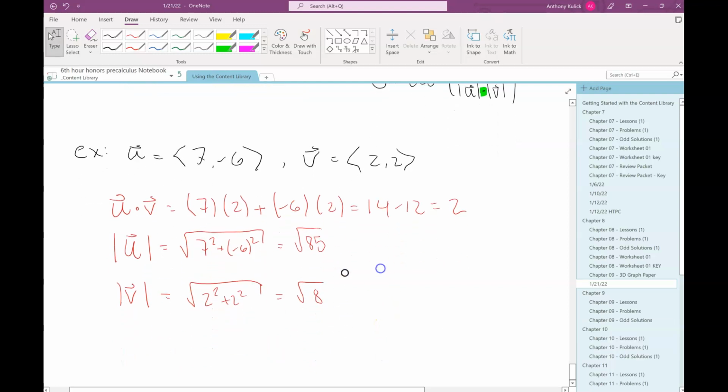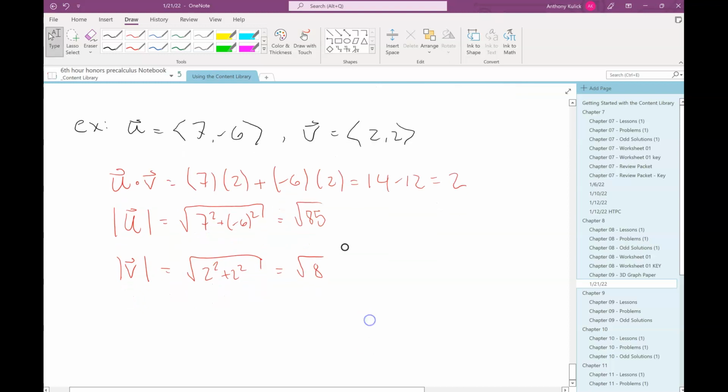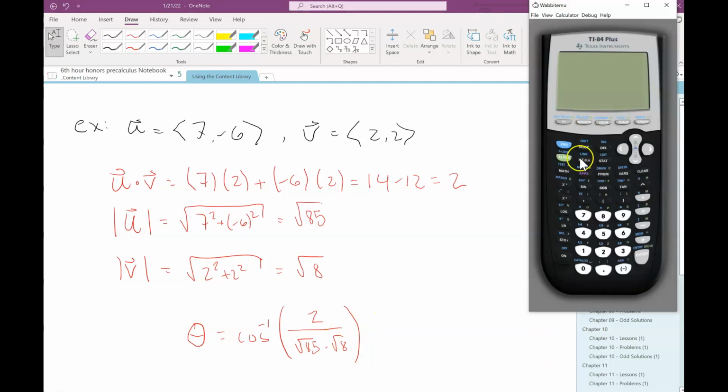Notice that perhaps I could simplify these radicals. I can definitely simplify square root 8, but I don't care because those are not going to be in my final answer anywhere. So I'm not going to waste my time trying to simplify any of these radicals. I'm just going to leave them as radicals because they're just going to go in place of my formula. And that's what I'm typing into my calculator.